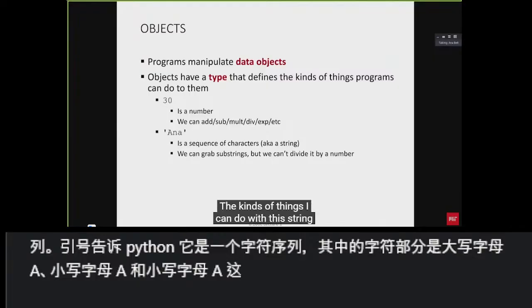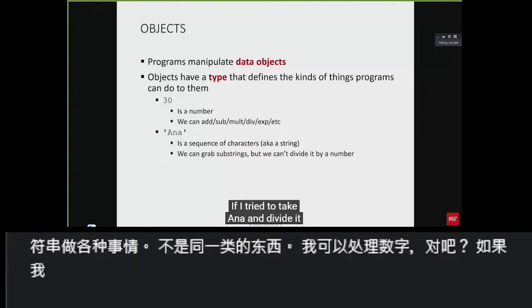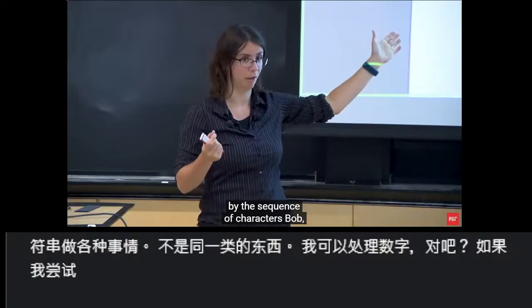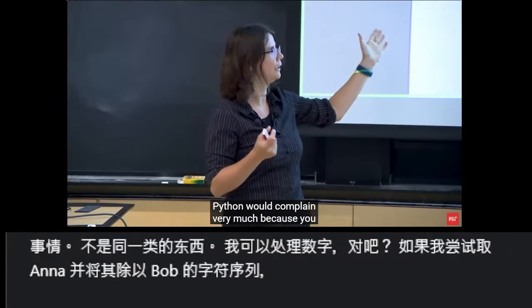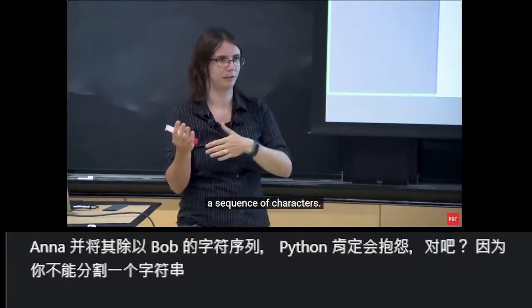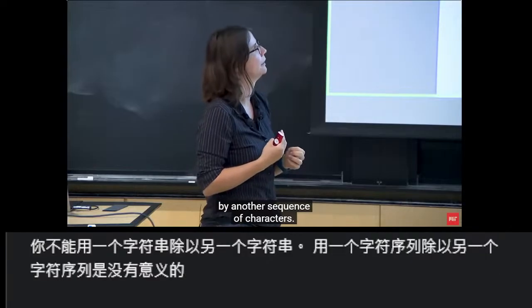The kinds of things I can do with this string are not the same kinds of things I'm allowed to do with a number, right? If I tried to take Anna and divide it by the sequence of characters Bob, Python would complain very much, right? Because you can't divide a string by another string. A sequence of characters doesn't make sense to divide by another sequence of characters.